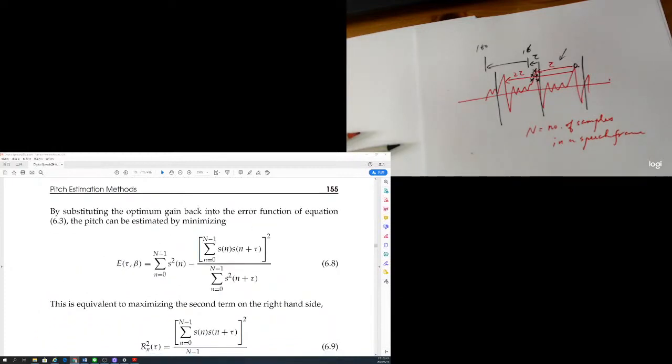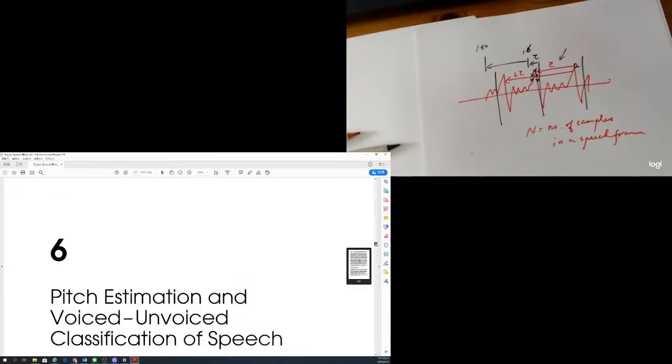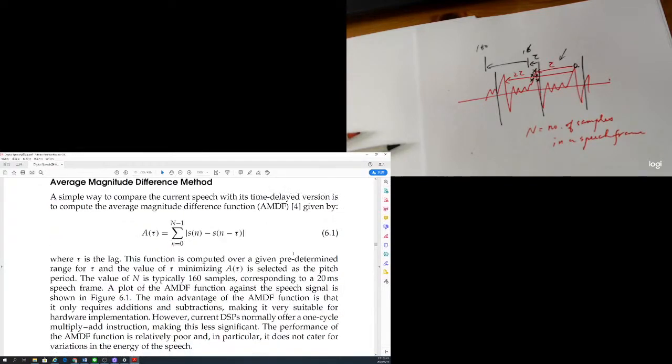So you can see this one, what we derived before in the previous chapter.